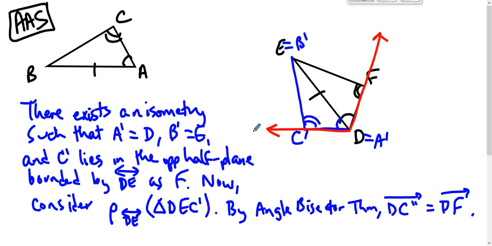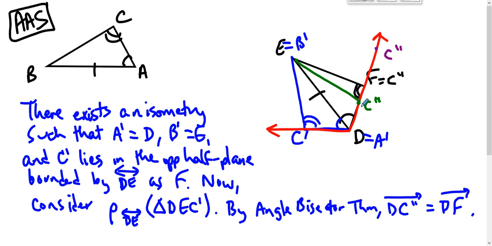So then the question becomes, where is C double prime? Does C double prime have to fall between D and F? Does C double prime fall outside of DF? Or is C double prime F? Obviously we're going to get contradictions in two of those cases, we hope.